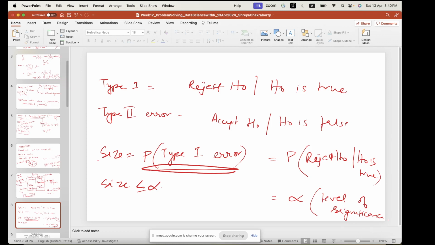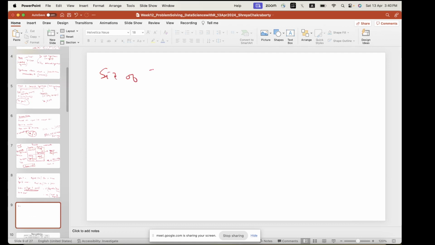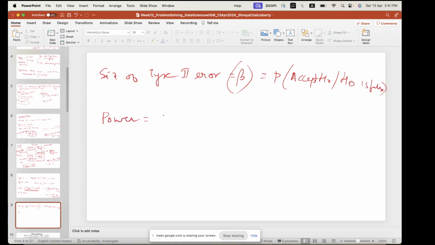Alright, and if somebody asks for the size of type 2 error, this is usually denoted by beta, the probability of accepting H naught given H naught is false. Alright, and power is actually 1 minus beta. This is a good criterion because we are rejecting H naught when we know it is not true.